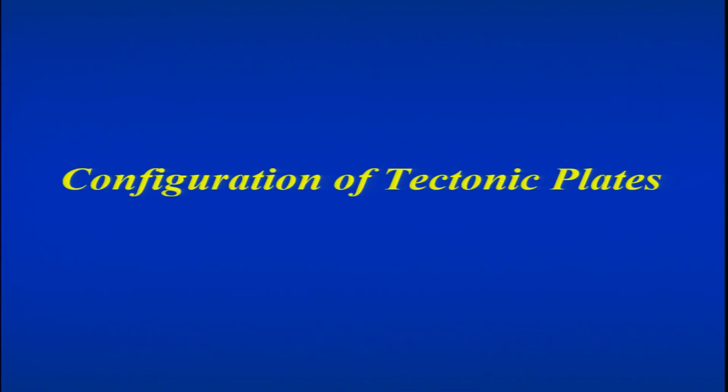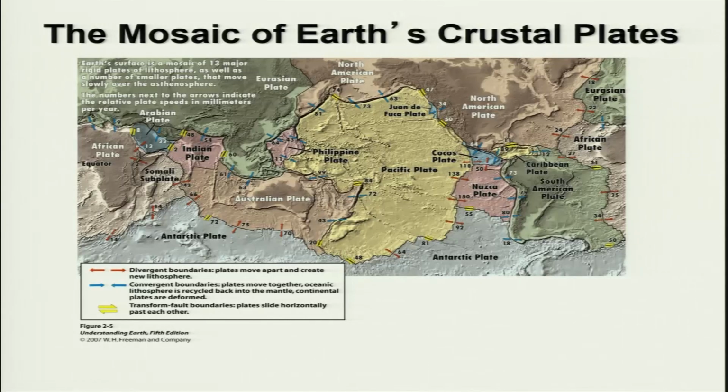So the configuration of the tectonic plates, if we take it in total, at various locations with respect to the tectonic boundaries, we have divergent plate boundaries, convergent plate boundaries, and transform plate boundaries.